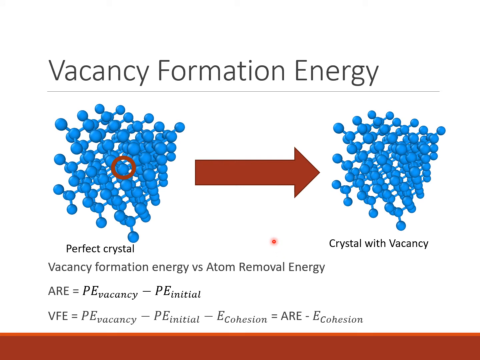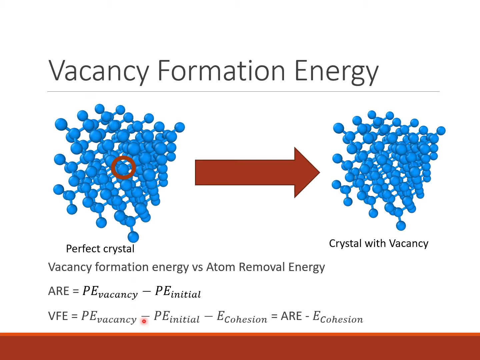Now, a quick note on the terms vacancy formation energy and the related term atom removal energy. Atom removal energy is simply the change in energy between these two structures, taking the energy of the structure with the vacancy and subtracting the initial energy of the perfect crystal.